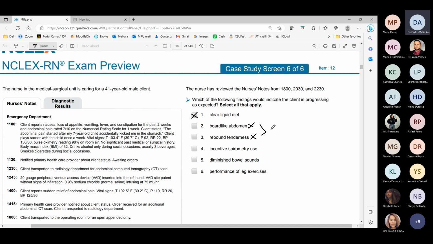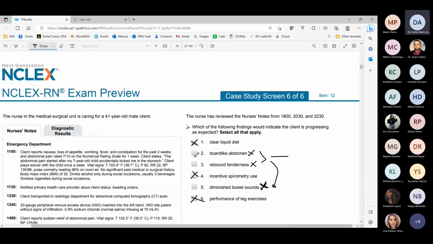This is peritonitis; it still needs to improve. Using the incentive spirometer is improving. Diminished bowel sounds are not the expected. Should have normal bowel sounds. It is part of the problem. The irritation of the peritoneum produces these decreased bowel sounds. And performance of leg exercise is good, so it's as expected.